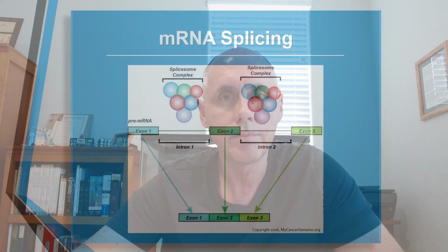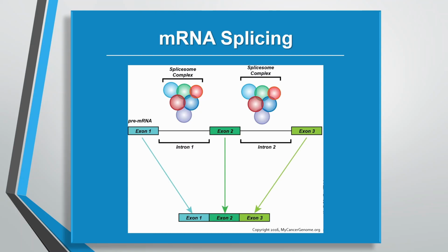Now, the interior portions of the RNA, which at this point is called pre-mRNA, undergo modifications as well. And this slide is depicting how this works. The process of RNA splicing is used to cut out the non-coding regions of the pre-mRNA.